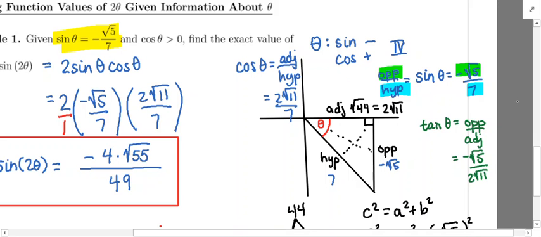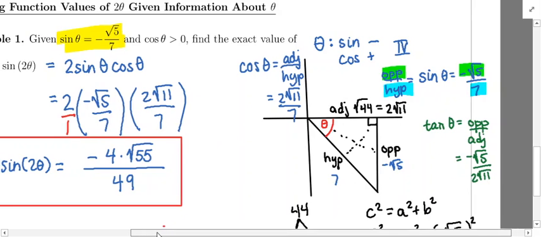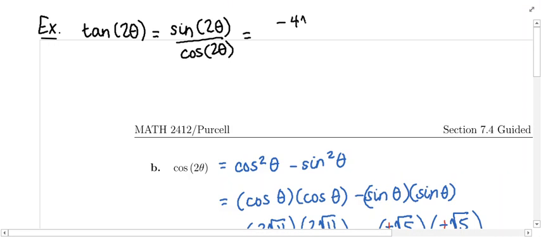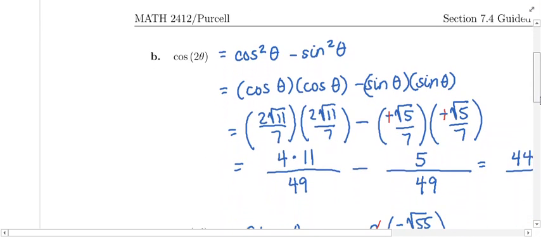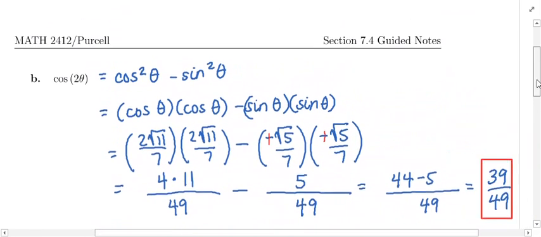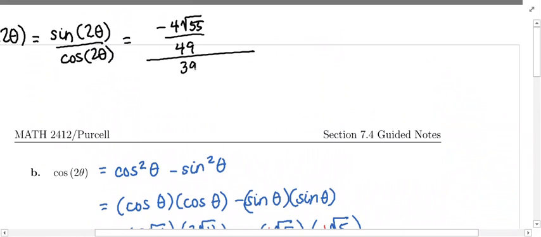Back on page 2, we figured out the sine of 2 theta is this mess, negative 4 times the square root of 55 over 49. And in the bottom, we need to put the cosine of 2 theta. We figured that out in part B. We said it's 39 over 49. And you can see this is a lot easier. You jump straight into two fractions that you're dividing.